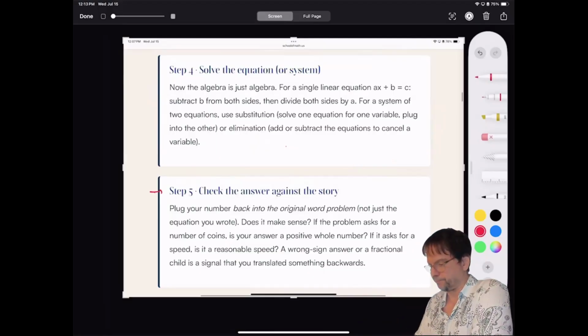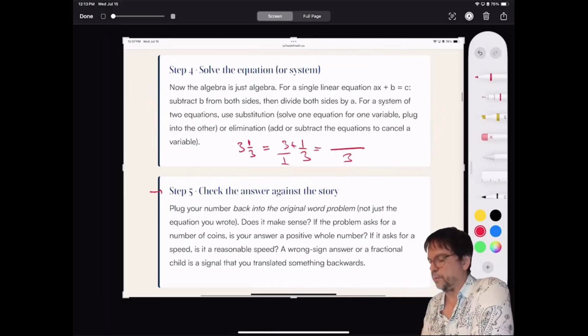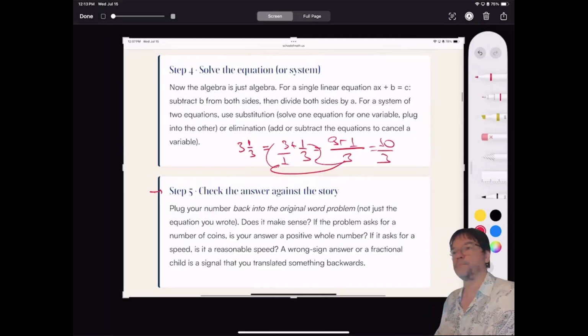Mixed number: 3 and 1/3. 3 and 1/3 is 3 plus 1/3. You need to take the least common multiple, that is 3, between 1 and 3. Divide by 3, divide by 1 is 3, times 3 is 9, plus divide by 3 is 1, times 1 is 1. So this is 10/3. Is that okay?